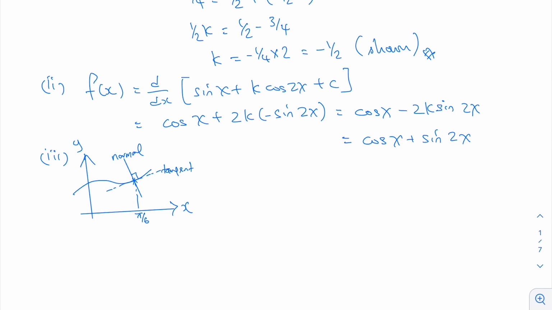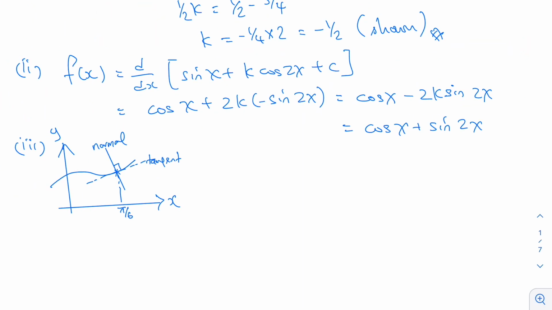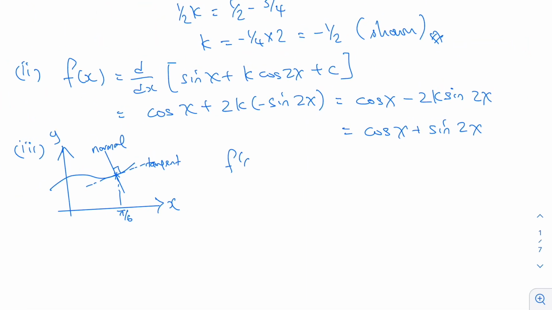And we know that the normal gradient times the tangent's gradient will give a value of negative 1. So by finding the gradient of the tangent, we can also find the gradient of the normal. So we need to find the gradient of this tangent, and to do that, we take the first derivative of the function f(x).